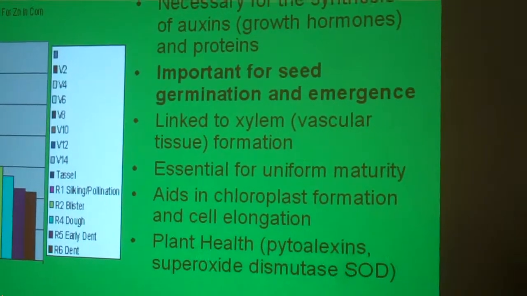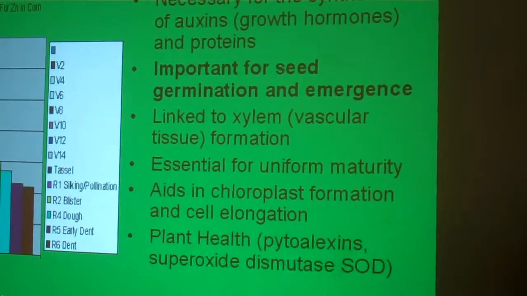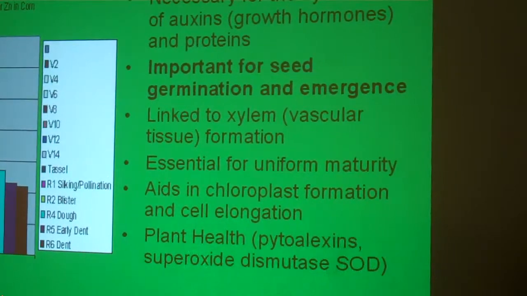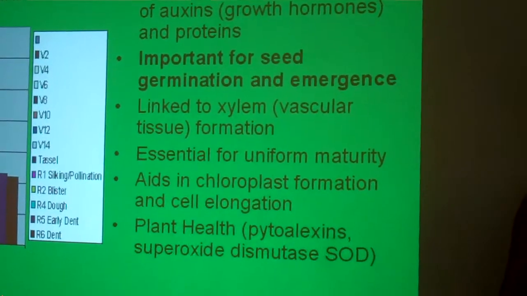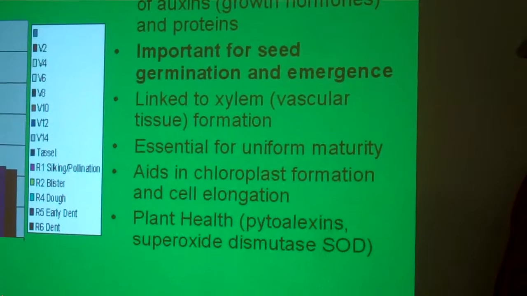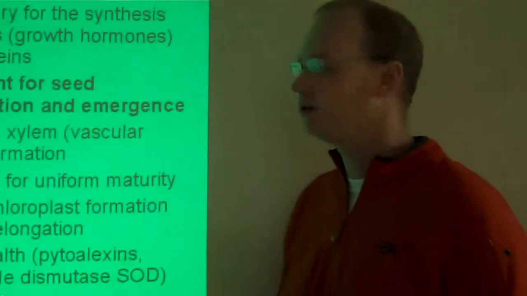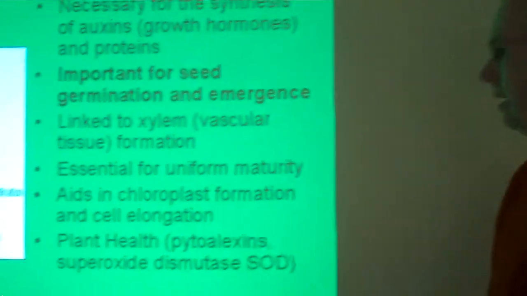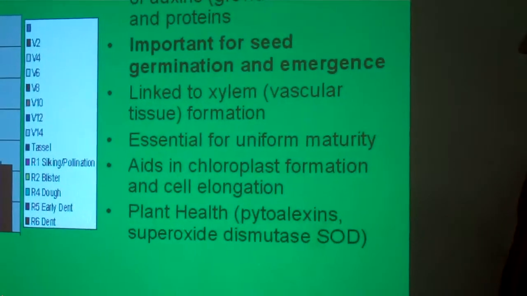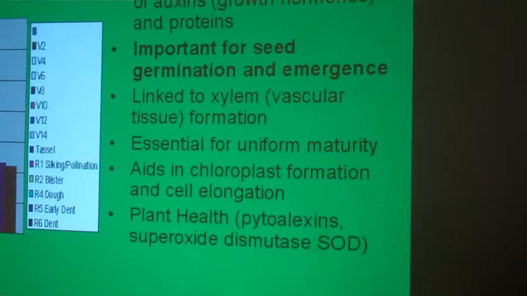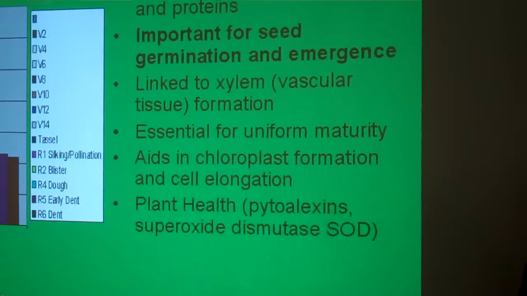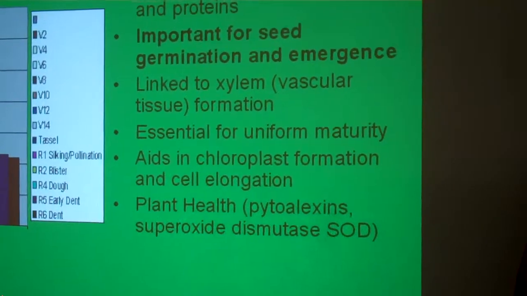Obviously it's important for the seed germination and emergence. Zinc also plays a role in the forming of the vascular tissue, the xylem. Basically what that does is it is the tissue that carries water and nutrients up in the plant. It's essential for maturing the plant as well as forming chloroplasts within the cells and cell elongation.